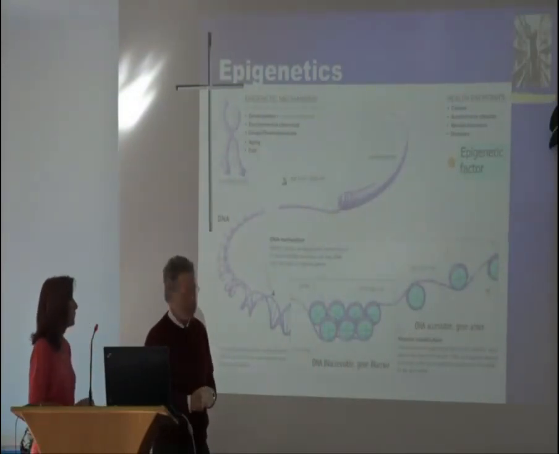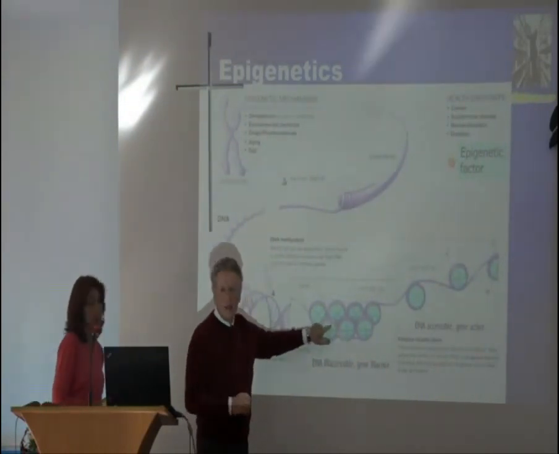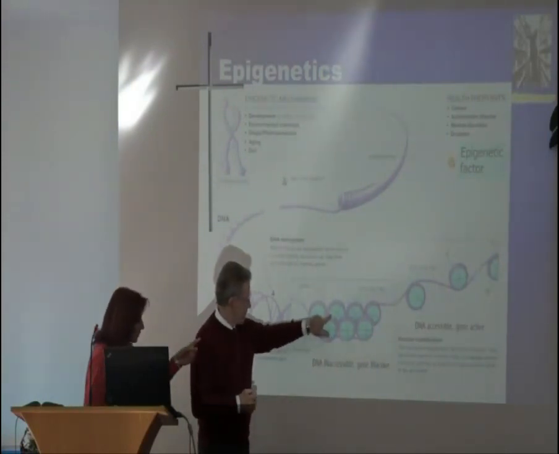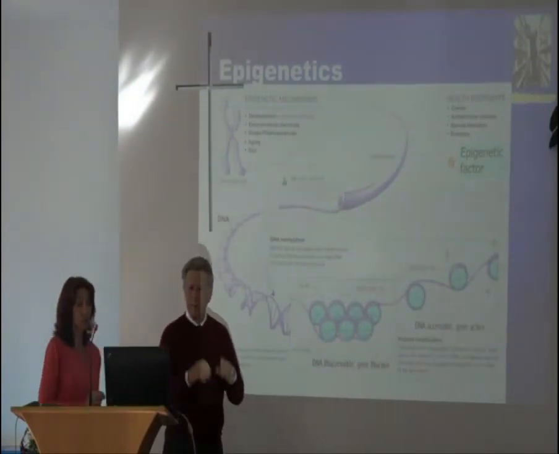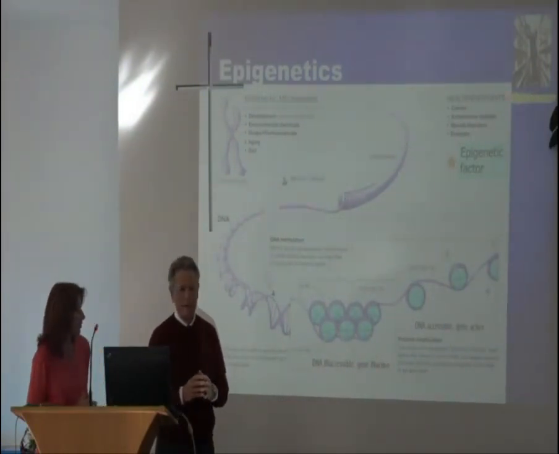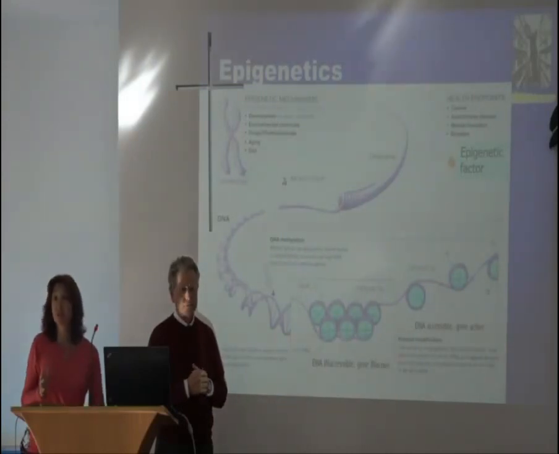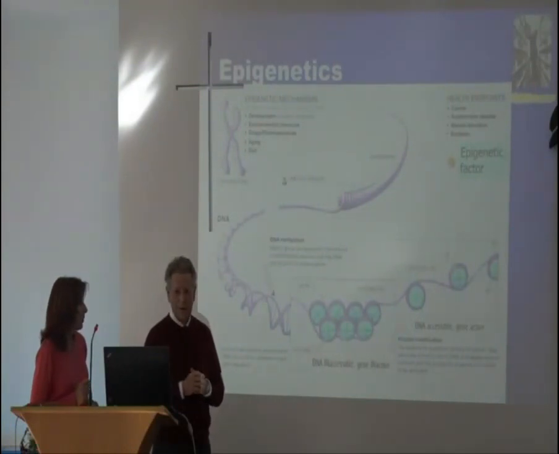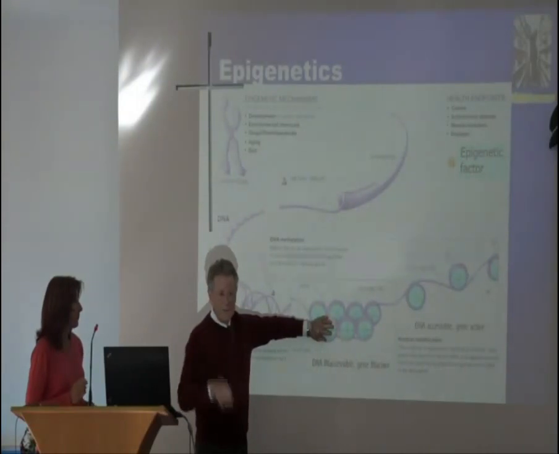And we see that when it is rolled up like this, DNA that is here is inaccessible. It cannot be read. And therefore it is inactive. So the scientist can say you have a gene for breast cancer, but if your lifestyle is such that it is hidden in this way, you will not develop breast cancer.